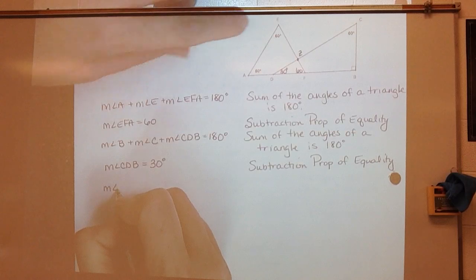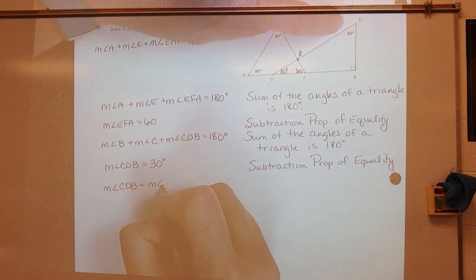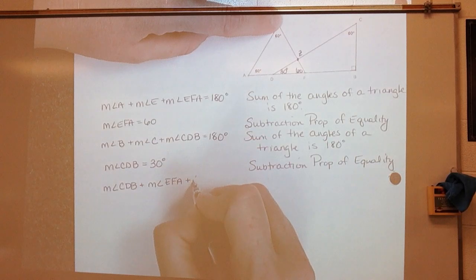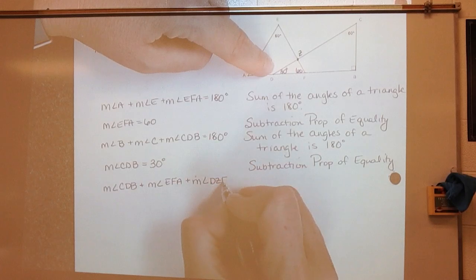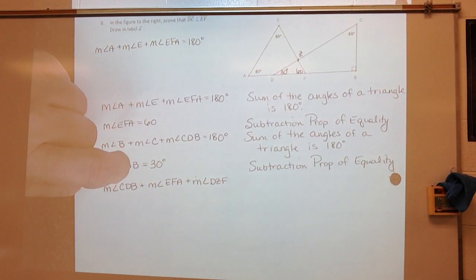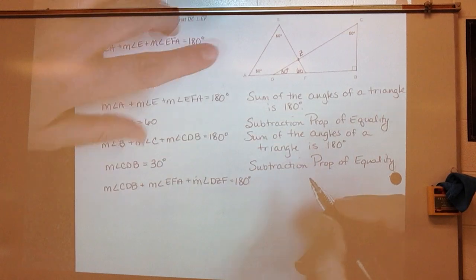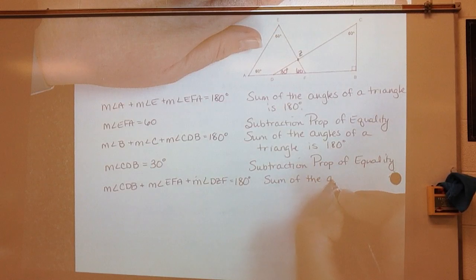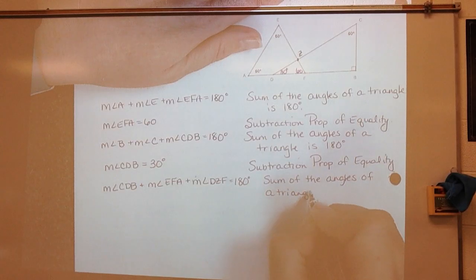The measure of angle CDB plus the measure of angle EFA plus the measure of angle DZF is going to give me 180 degrees. Why do I know that? Because the sum of the angles of a triangle equal 180 degrees.